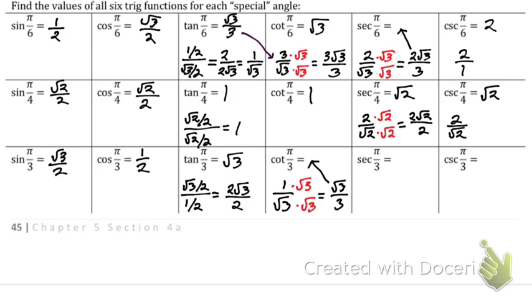Secant is flip your cosine. Cosine right now is 1/2, so it'd be 2 over 1, or just 2. Cosecant would be flip the sine value, which was 2 over square root of 3. Multiply the top and bottom by square root of 3. Come up with 2 square root of 3 over 3.